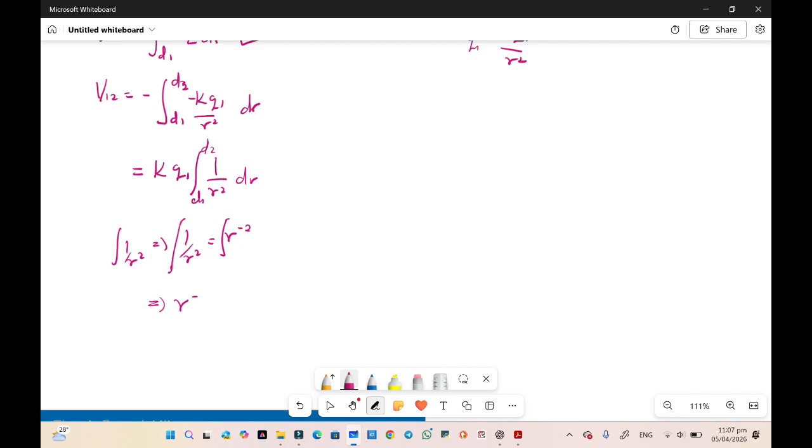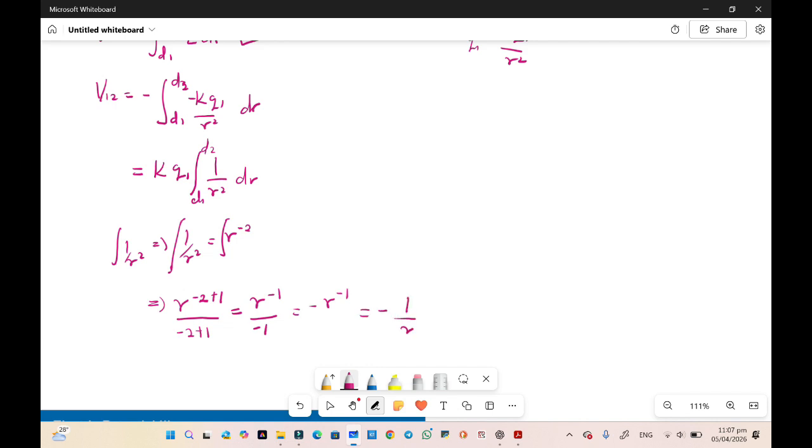The order minus 2 is summed with 1, and then we divide by minus 2 plus 1, so that it gives us R to the power minus 1 over minus 1. And this is equal to minus R to the power minus 1. R to the power minus 1 is 1 over R. So this becomes minus 1 over R.